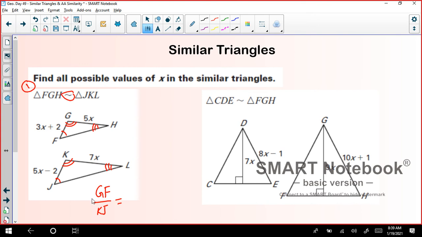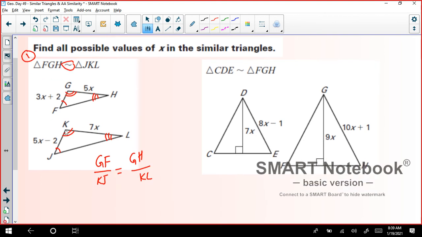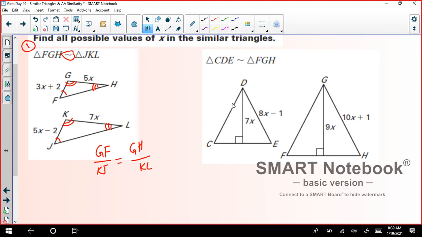Based on the other part of the definition, that the sides are proportional, I can also say that GF over KJ is going to be equal to GH over KL. Now you substitute whatever you have and try to solve for x. I'm doing the first one, and I'll give you a chance to work on the second one.